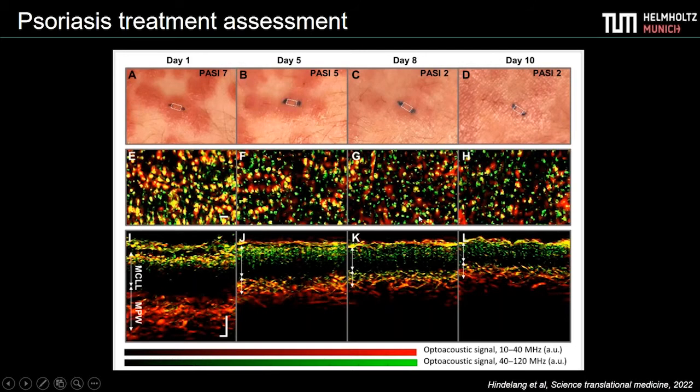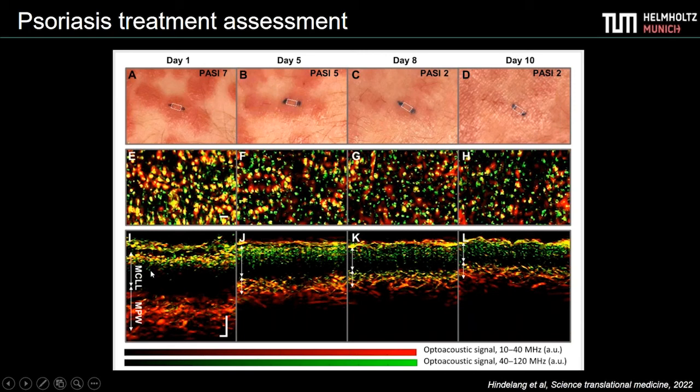Furthermore, recently we have applied RSOM in a study to monitor and quantify the changes during the treatment of psoriasis. Here the first row shows the psoriasis skin on different days of the treatment. This is the PASI value, a clinical score to quantify the severity of the disease. Here's the cross-section image of the RSOM. A higher value means more severe disease.